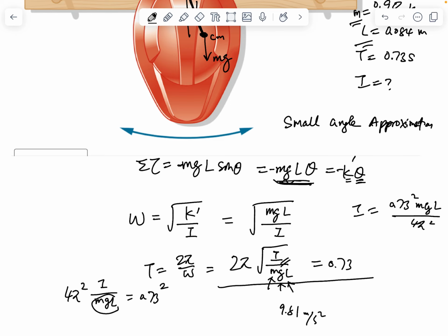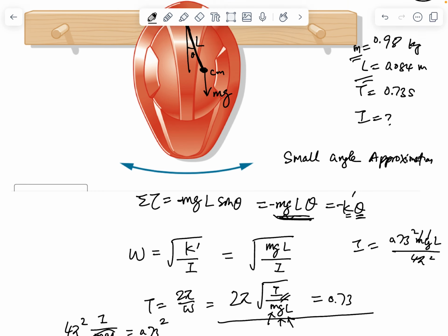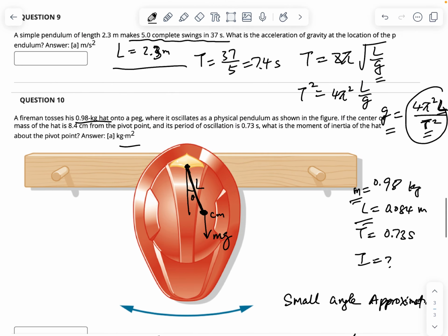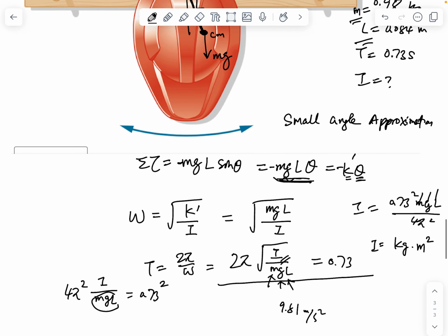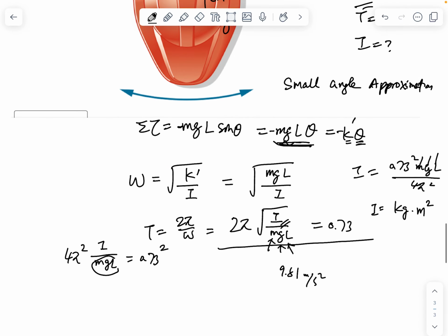Then you substitute mgL into this equation. That is the moment of inertia. Remember, moment of inertia is always in kg meter squared. That is the unit. All right, so that's all for the homework of chapter 13.